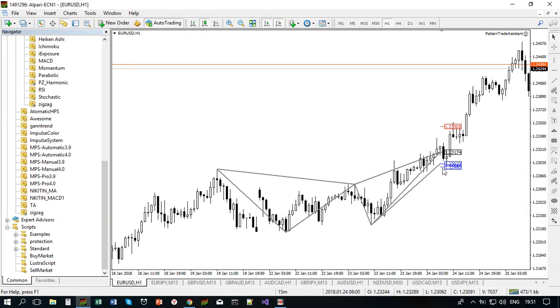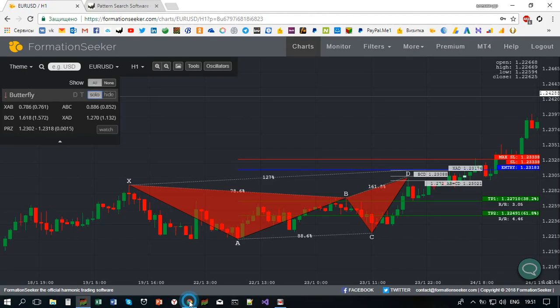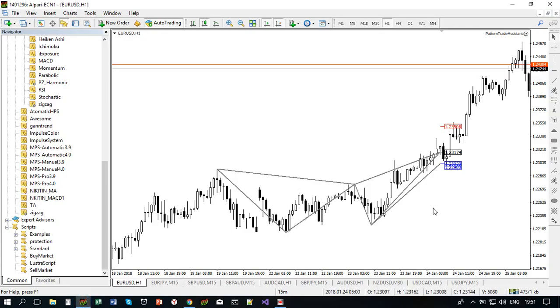And the only difference is the B to C inversion, I suppose. Formation Seeker says the B to C inversion is 2308, and my Monster Pattern Search says the B to C inversion is 2298. So there is a slight difference, a bit different inversion here.